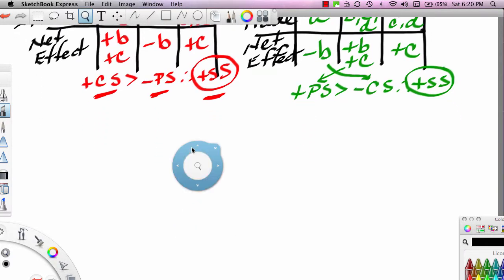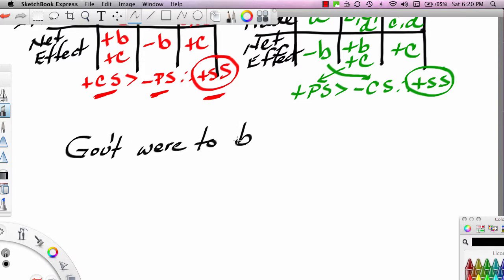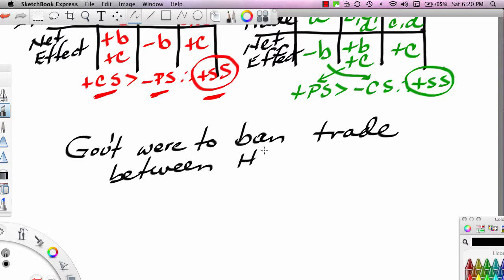Well, you can see from this model that there will be winners and losers from a ban on trade. If the government were to ban trade between hillland and flatland, say, this would be metal trade.